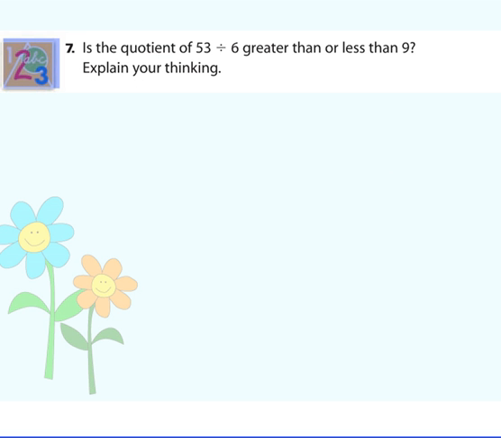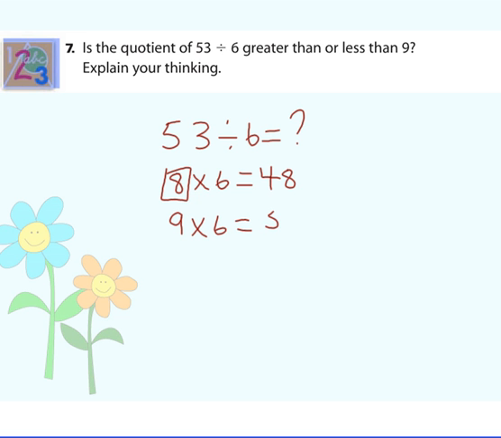And finally, it says, is the quotient 53 divided by 6 greater than or less than 9? Well, 53 divided by 6 equals what? Remember, we're just estimating. Well, I know that 8 times 6 equals 48. And 9 times 6 equals 54.